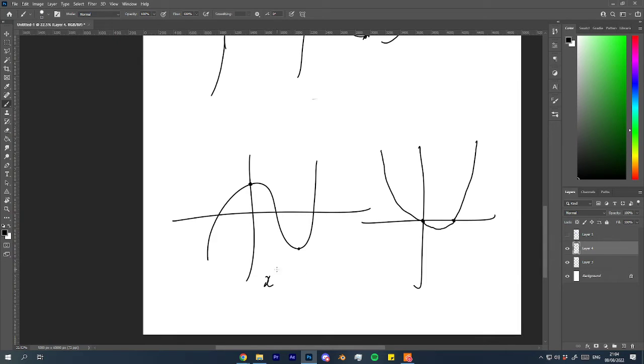If this was, let's say, x cubed plus, I'm just going to say it's a stretched out version. Let's say that's our gradient there, function there.